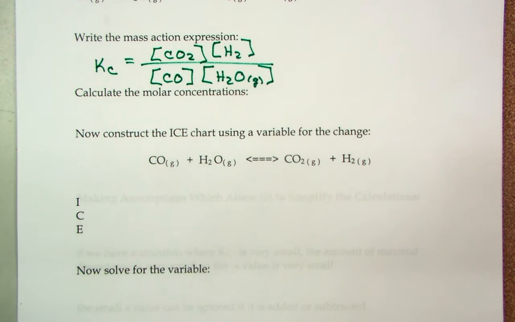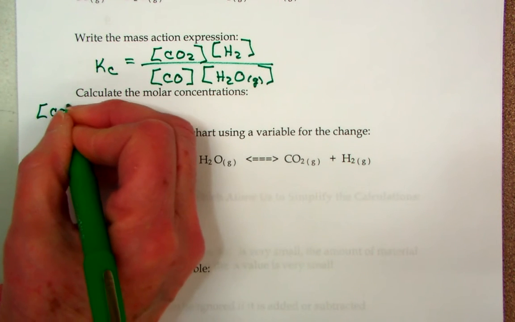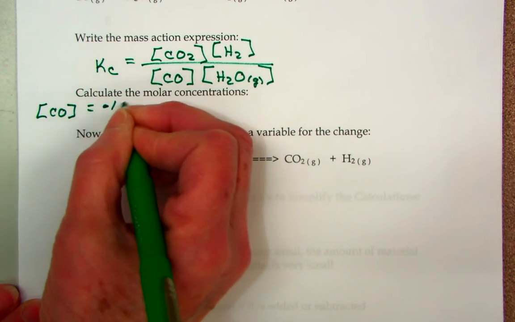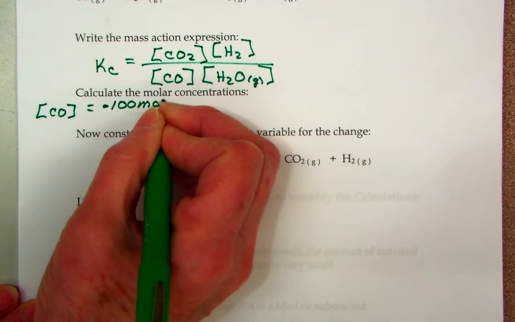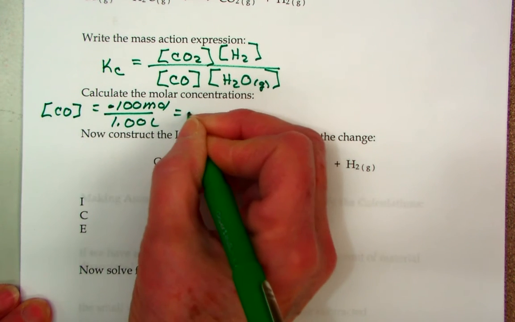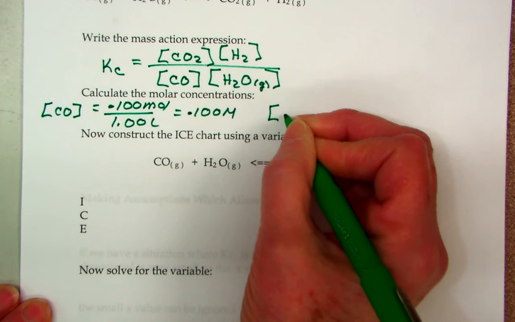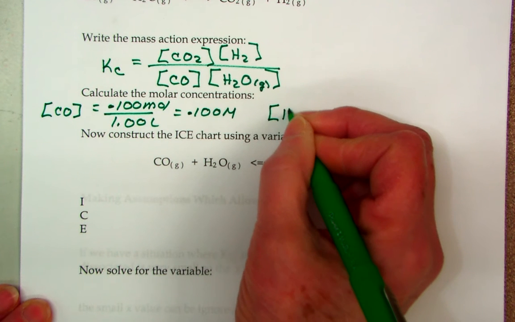Now we'll calculate the molar concentrations. We know that we have the carbon monoxide. We have 0.1 moles in 1 liter. That makes the math easy. I can do it in my head. So it's 0.1 molar. And we have the same concentration for the water.